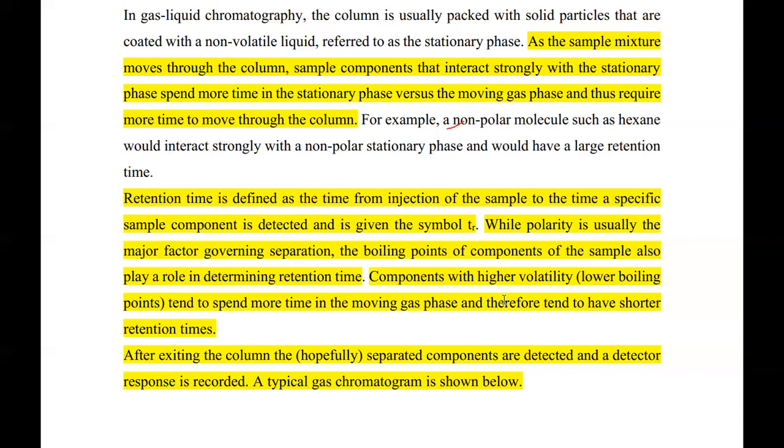Oh, here. They're saying that there's this word they've used, while polarity is usually the major factor. Now, when you say polarity, we're talking about these samples. Certain samples are said to be polar, and the others are non-polar.